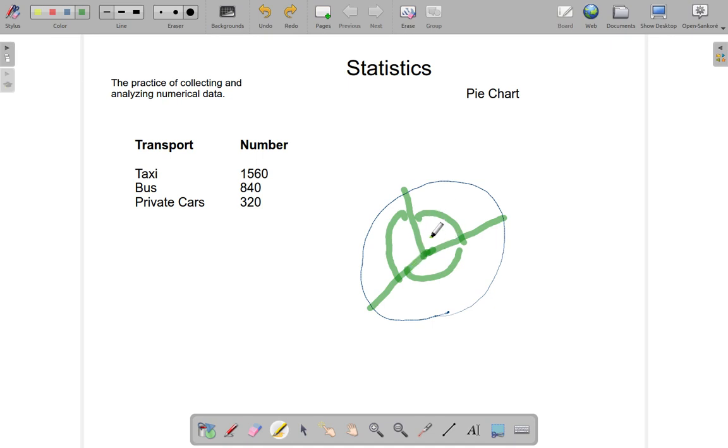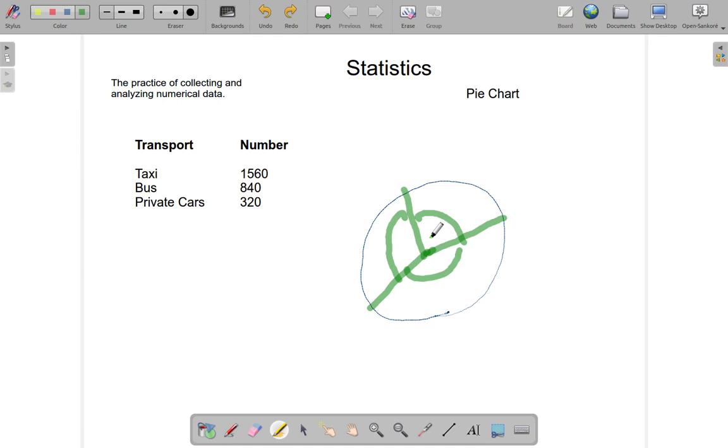Do you think you can do that? If you think so, what I want you to do is pause the video, and right now, while you pause it, calculate the angles taken up by the taxi, the bus, and the private car. So go ahead, do so now.